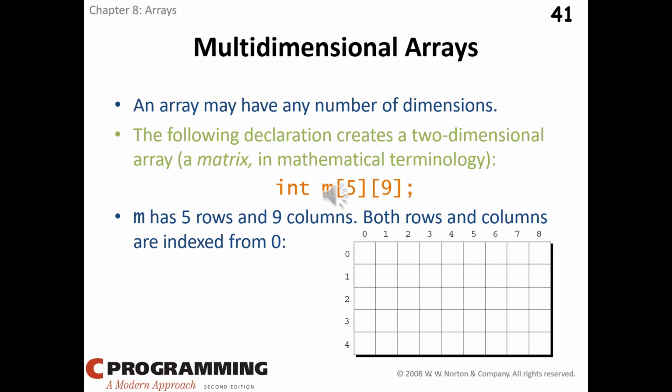That's our multi-dimensional array, and in our programming language we call it a 2-dimensional array. The declaration int m[5][9] tells us we're making a grid with 5 rows and 9 columns, just like our library where we have 5 shelves and each shelf can hold 9 books.